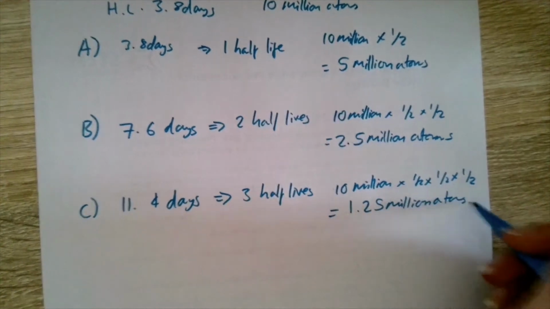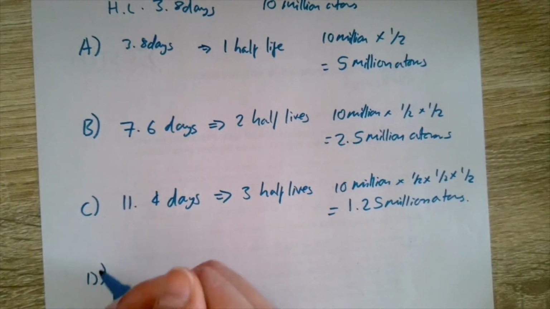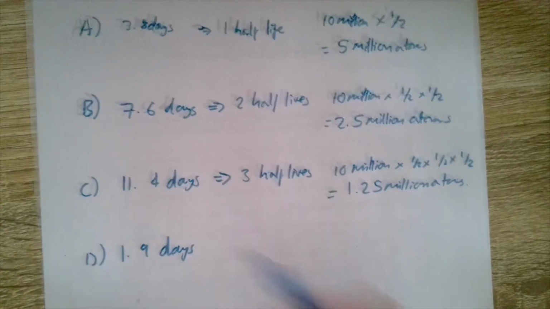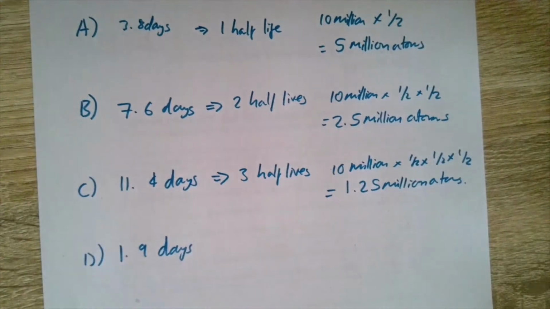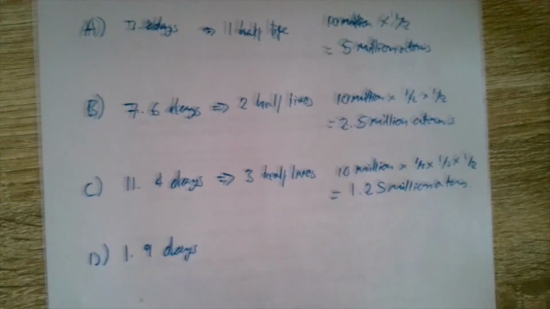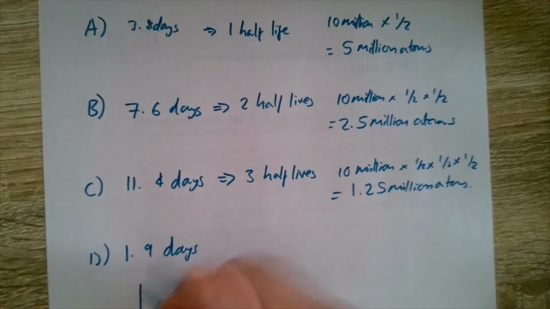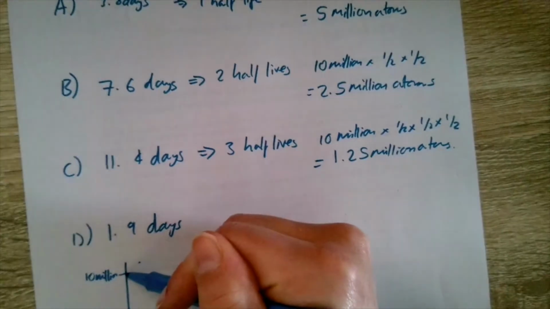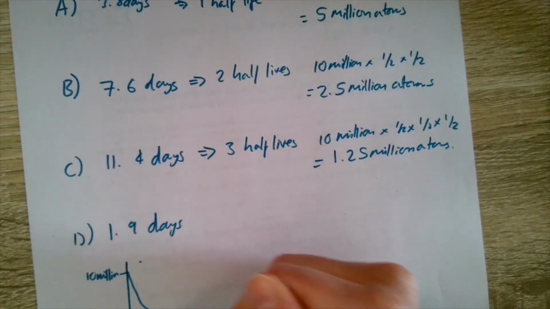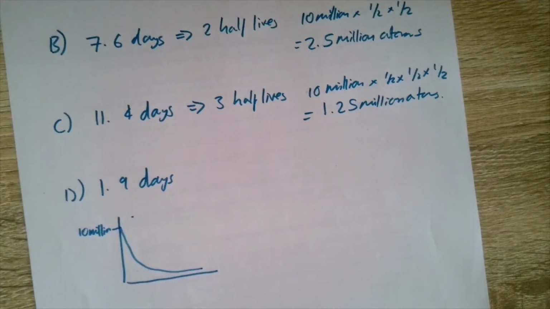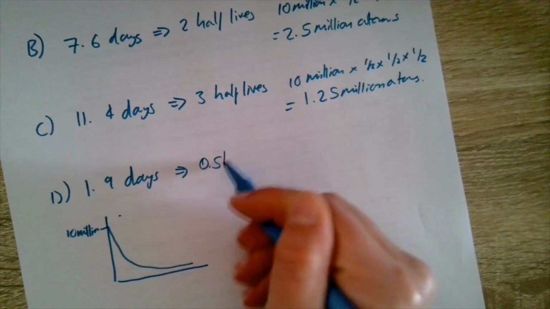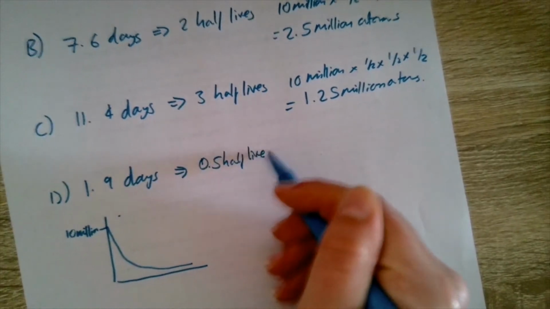And then finally D is 1.9 days. Now, without drawing a graph, this one is quite hard for us to calculate. Roughly speaking, we've had 10 million here and our decay would look something like this. This is of course 0.5 half-lives.